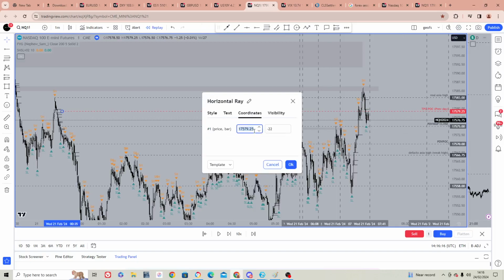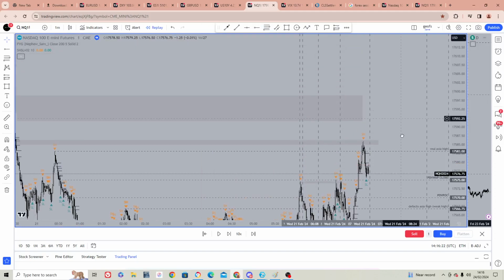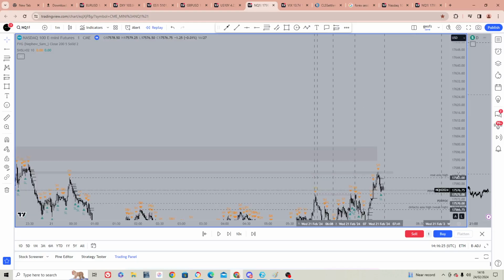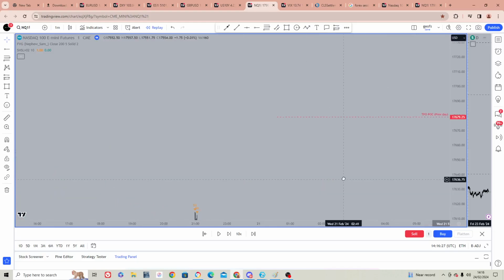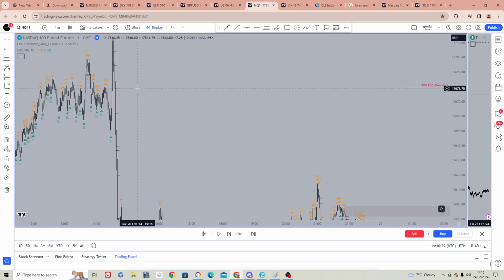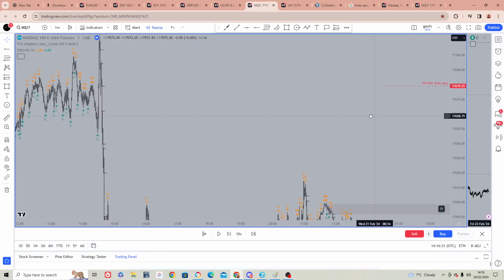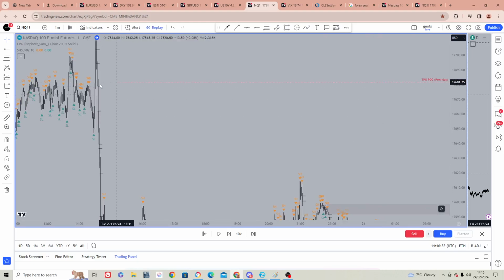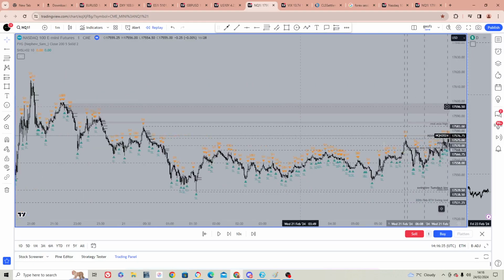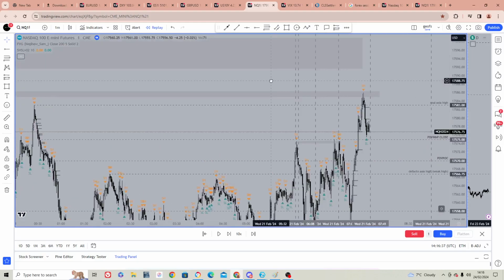So I've just noticed that I've mislabeled the previous day's point of control. VPOC, sorry, seems to be up here on the 20th, but that's TPO. Okay, sorry, I got that wrong. But basically, the main level of relevance is we have contacted the volume point of control.